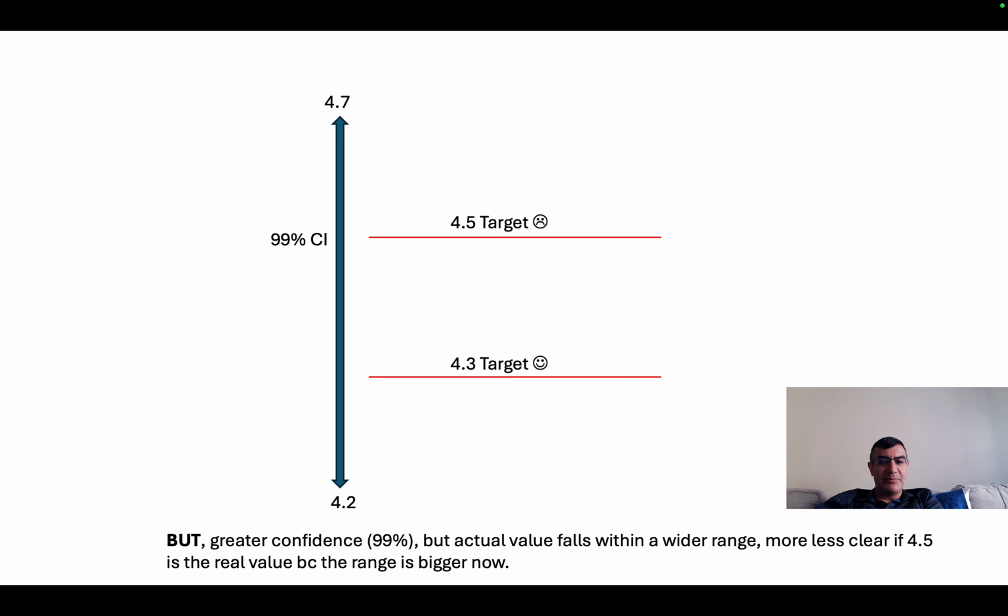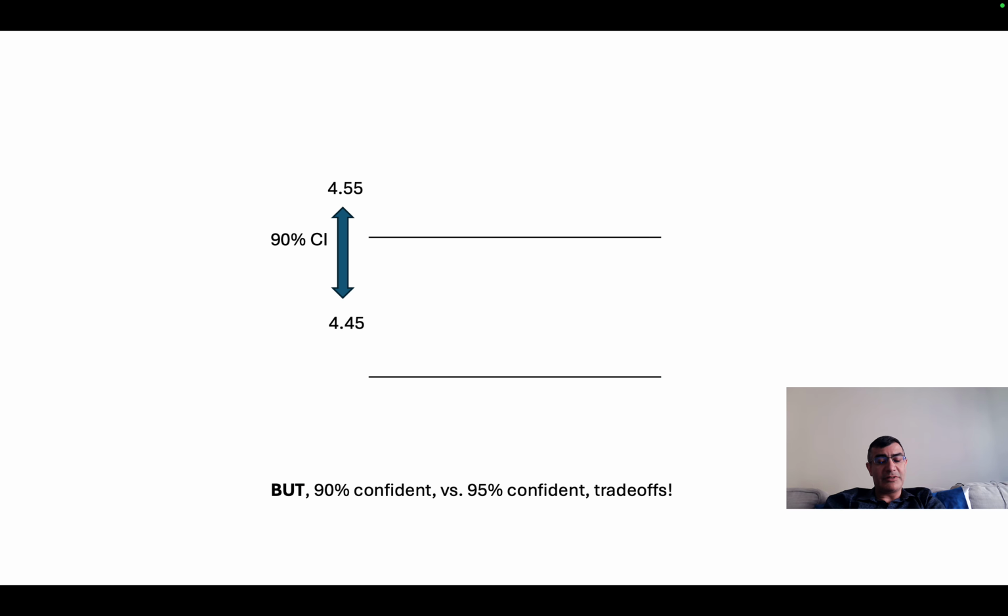Let's say you wanted to know the 90% confidence interval. Well, then you could shrink the range. So here, if you needed a target of 4.5, you still may not have met it because the true value may not be 4.5. It could be as high as 4.55, or it could be 4.45, in which case you didn't hit the metric. Well, let's say 4.3 was your target metric.